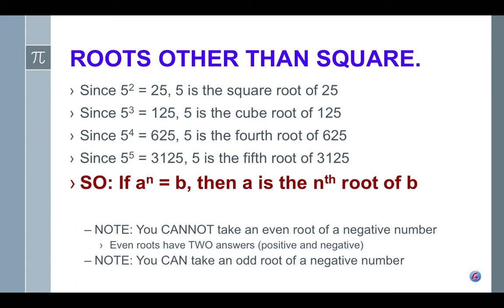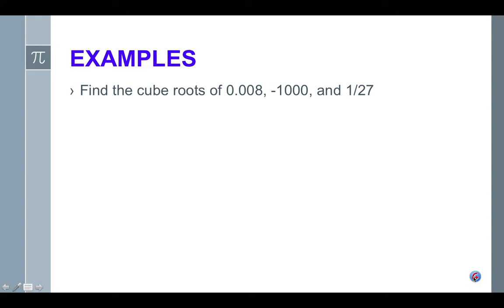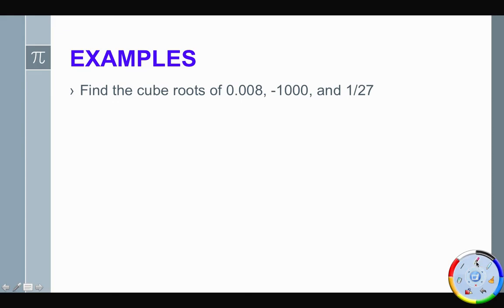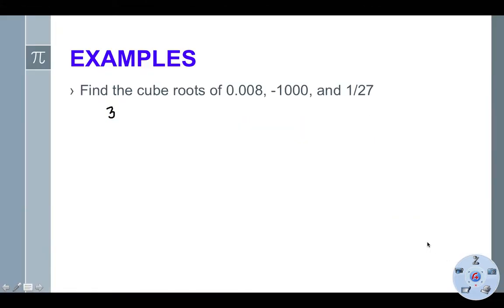All right, so that's really our definition for the nth root. Let's take a look at what that's going to look like in a real example. We want to find the cube root of these 3 numbers. So if I wanted to find the cube root, we want to look at what the symbol looks like.